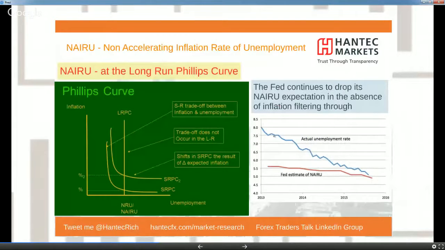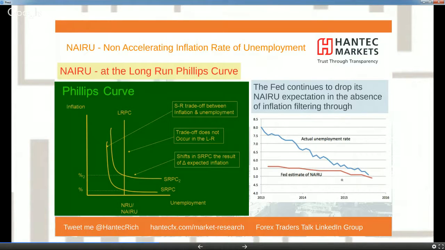It seems that we're getting a little bit of traction in this now, because unemployment has been falling consistently, as you can see through this chart here. But the Fed estimates of NAIRU were falling consistently alongside it, because as unemployment was continuing to fall, you weren't getting any inflation.